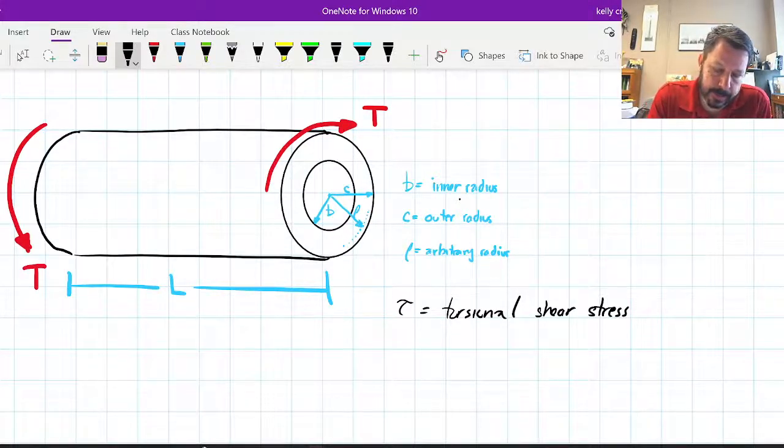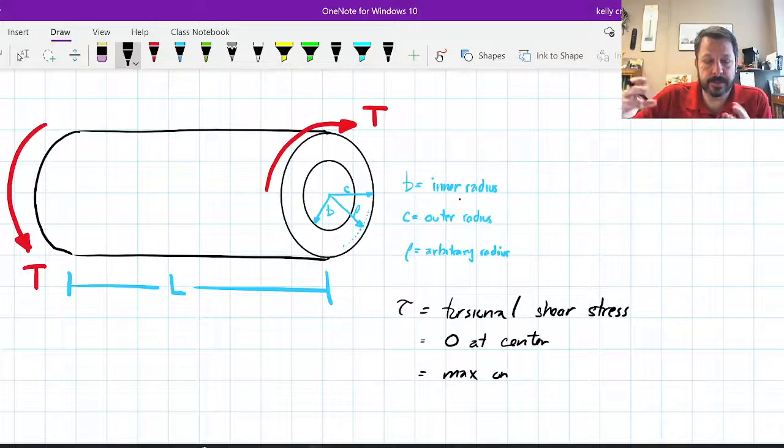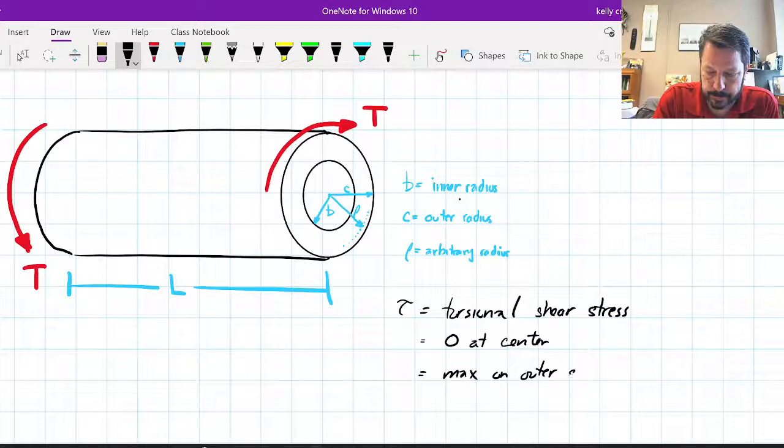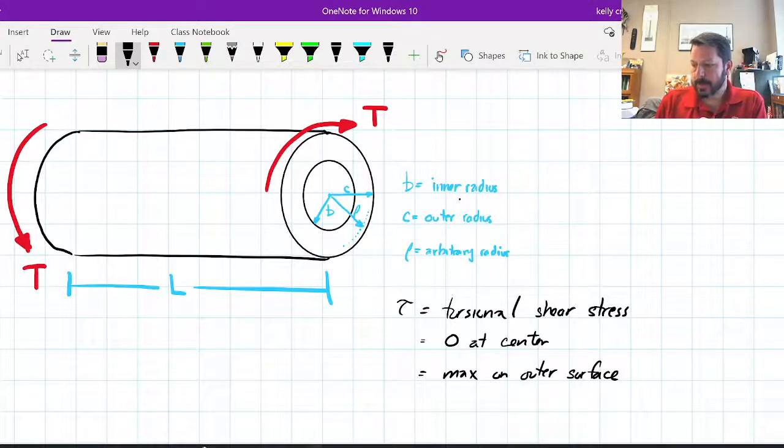And it will be 0 at the center at radius equals 0, and it will be maximum on the outer surface of this pipe or cylinder. It will vary linearly between those 2 points. So we're going to assume that the torsional shear stress is 0 at the center, maximum on the surface, and varies linearly between the 2 points.